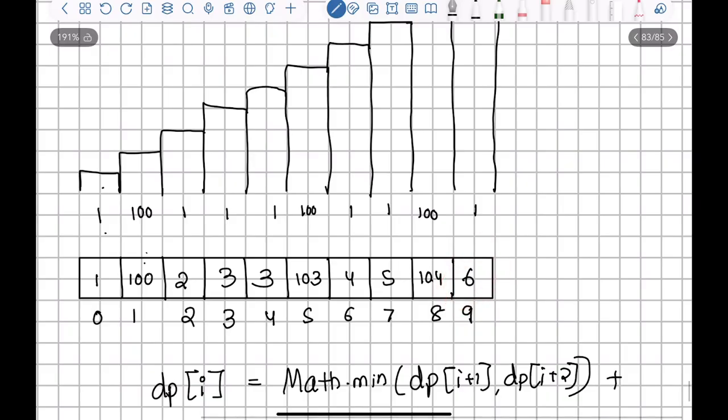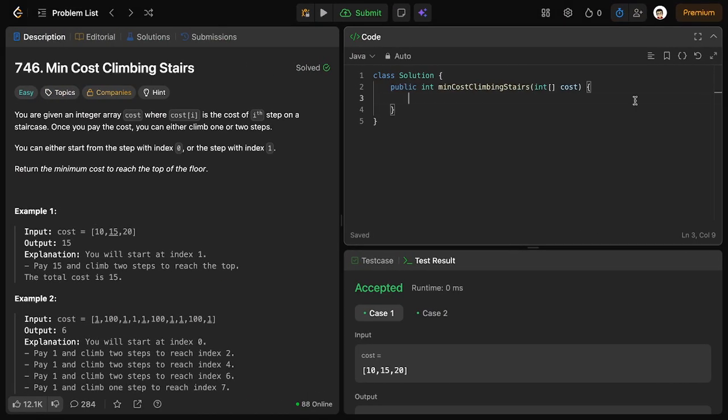So let's quickly code this up. Int n is equal to cost.length. Int dp is equal to new int n. dp at 0 is equal to cost at 0. dp at 1 is equal to cost at 1.